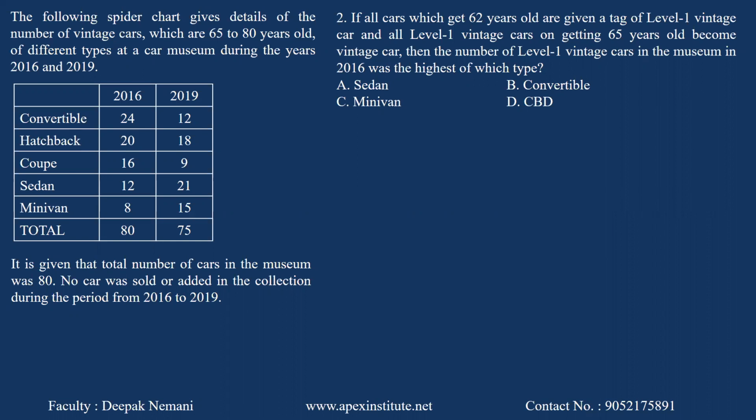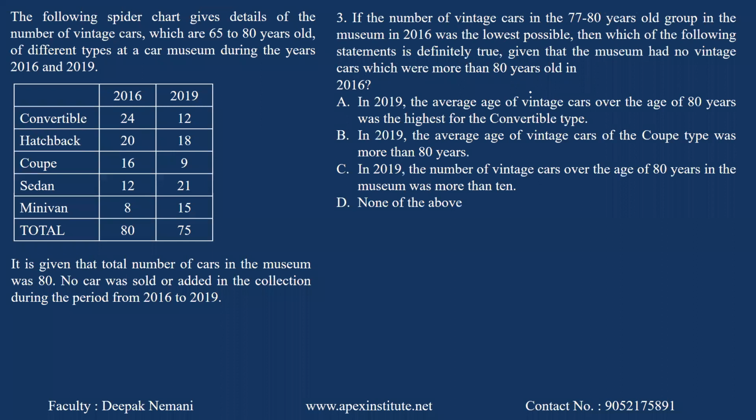So it cannot be determined because we are not given the data such that these cars are of level 1, because any number of cars can be of the age 62 years old. So the answer for this question should be cannot be determined.